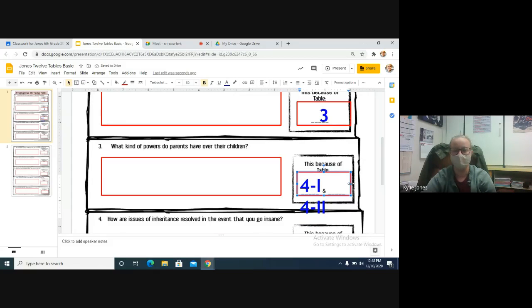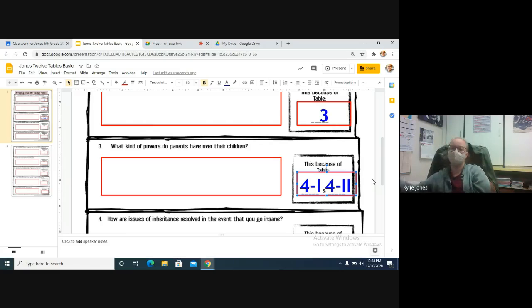I'm going to widen this just a little bit. You need to use both of those to figure out what powers the parents have over their children.